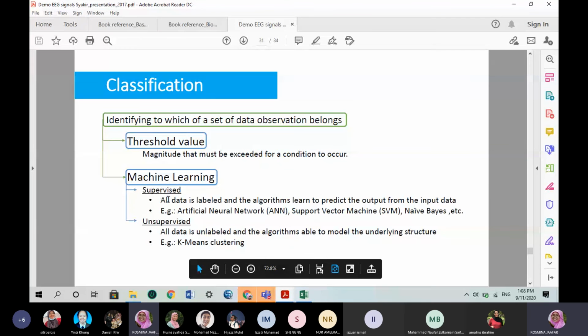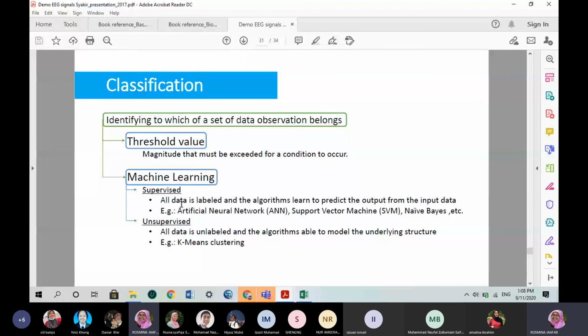For supervised learning, you need to label the data and learn and predict based on the learned data. This is normally the approach of artificial neural network, and also support vector machine, naive Bayes method, and so on.